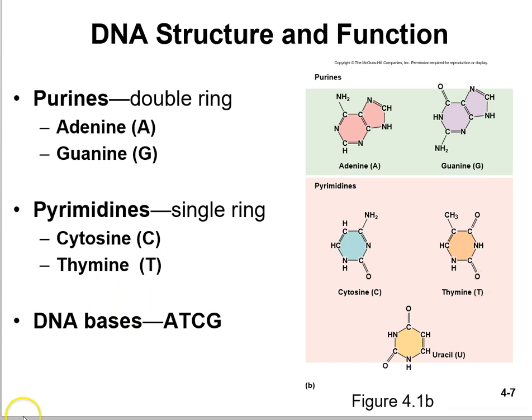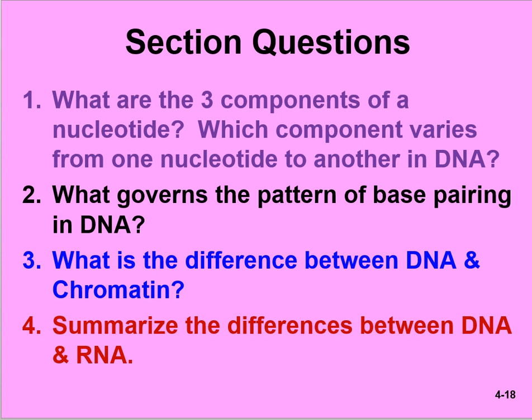All right, before we go on, let's see if we can answer these focus questions. Number one, what are the three components of a nucleotide? Again, you can pause the video and see if you can answer these before I do. The three components of a nucleotide are a nitrogenous base, a sugar, in DNA it's deoxyribose, and then a phosphate group.